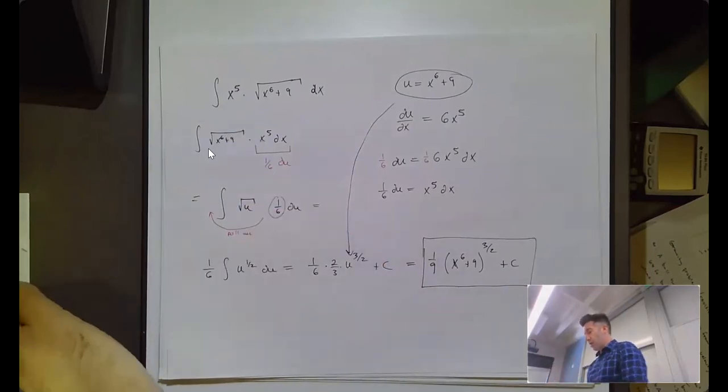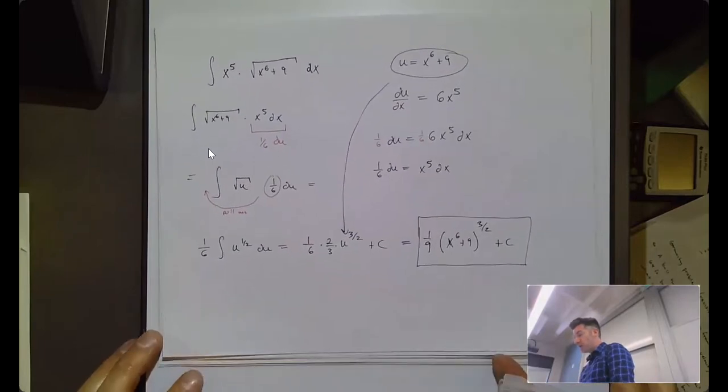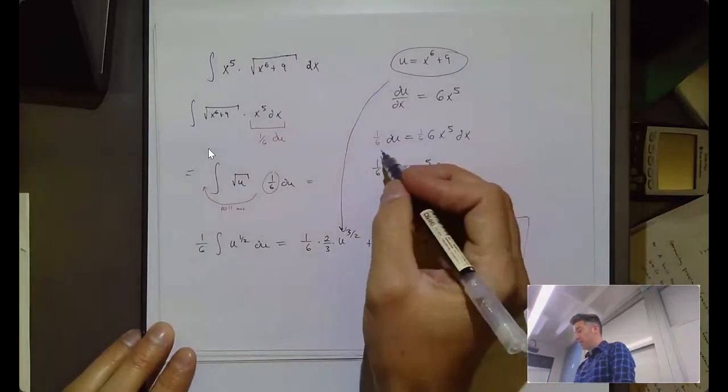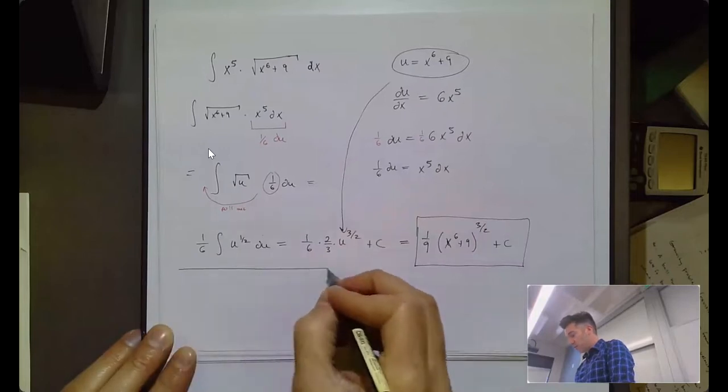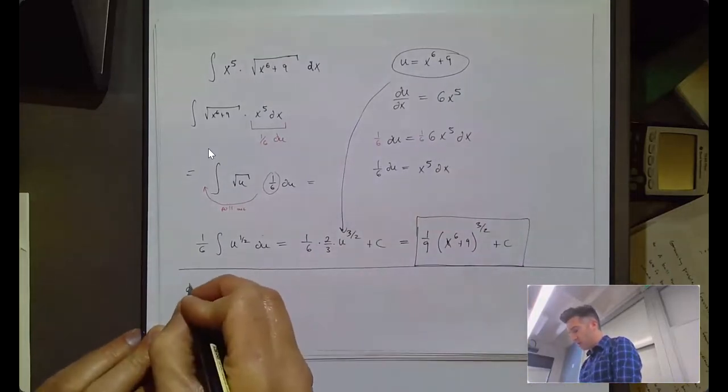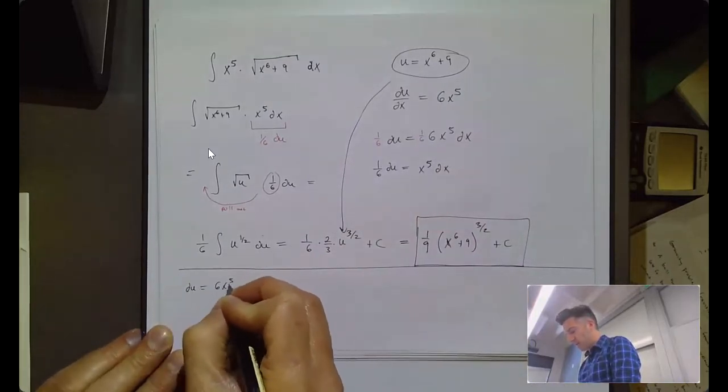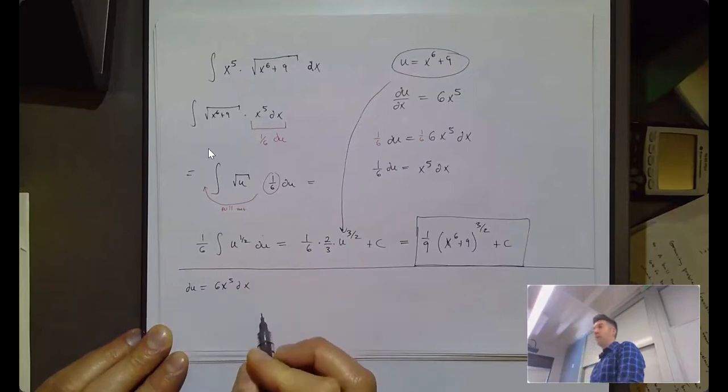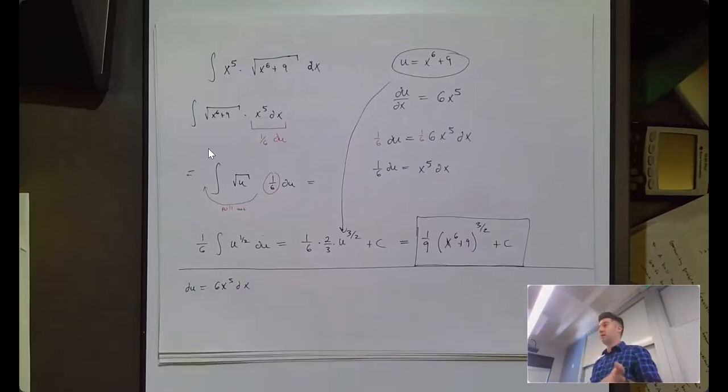One note, alternatively, some people, instead of doing this like I've done here, prefer to say, oh, I've got du equals 6x to the 5th dx. And I really would like there to be a 6x to the 5th dx in my integral.